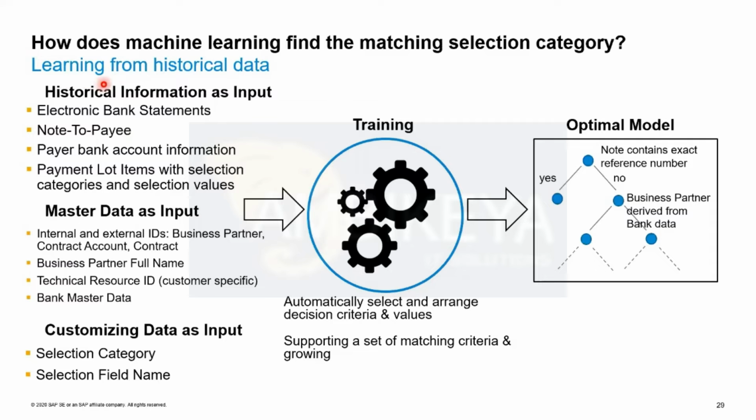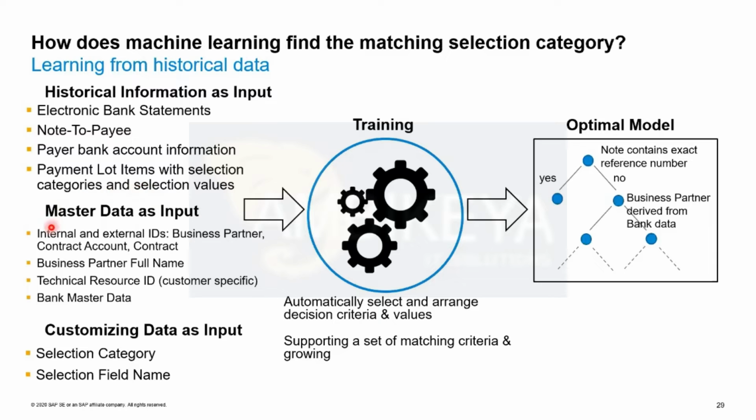So we are learning from historical data. That means we are learning from the FICA historical data. For the future, we are building on a historical data the optimal model, and that's what you can see here. So here, electronic bank statements, note to payee, and from the payment lot items, for example.